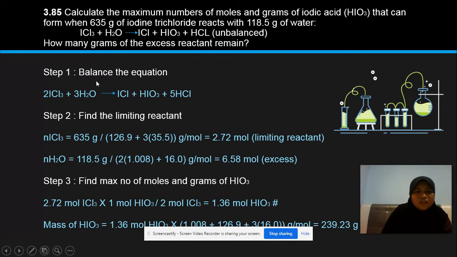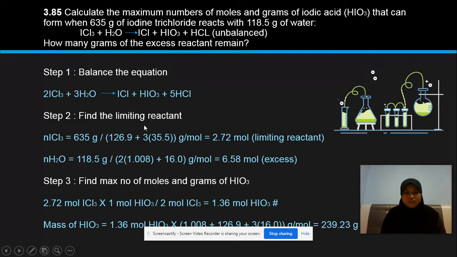Firstly, we must balance the equation. After balancing the equation, we will get 2ICl3 plus 3H2O produce ICl plus HIO3 plus 5HCl. Second step, we must find the limiting reactant.